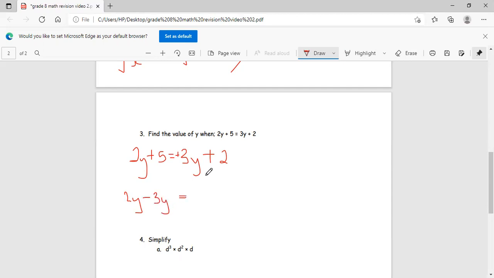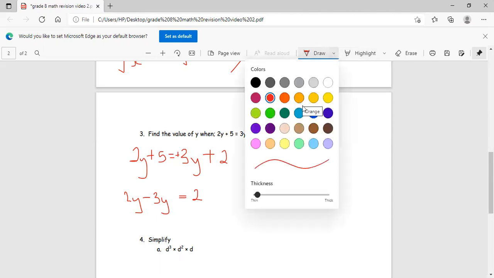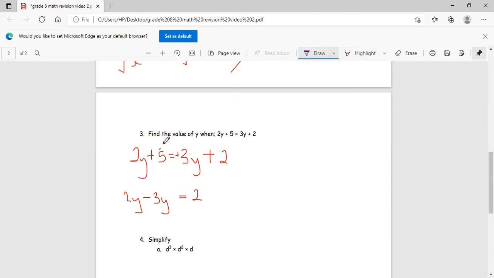That is the same as, I have 5 here. If I take it to this side, it becomes negative. So my 5 is traveling to this side, and my 3y traveled to this side.